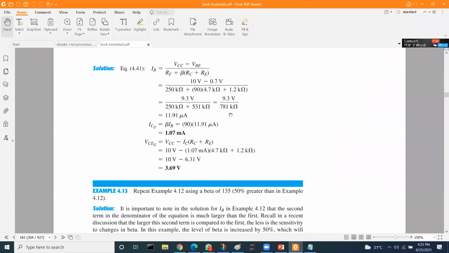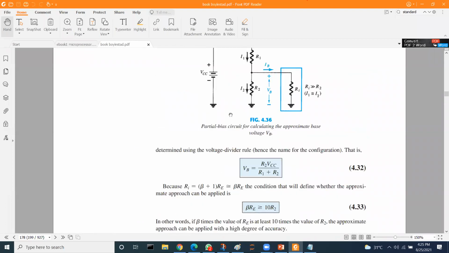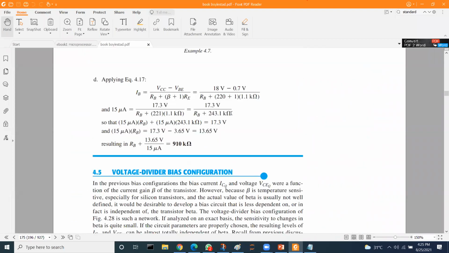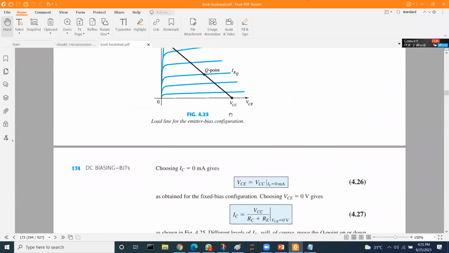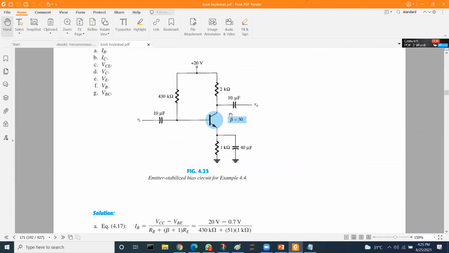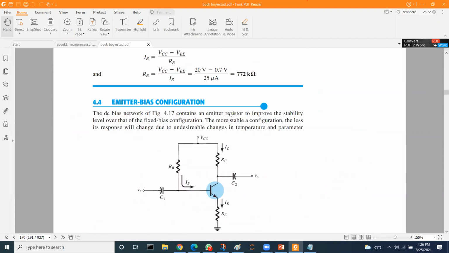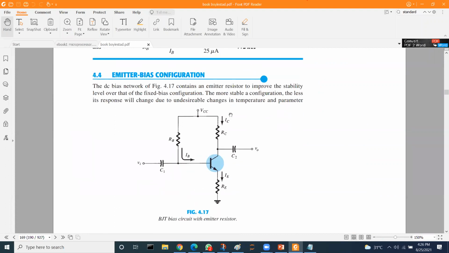So we are moving towards example 4. Last time 4.1 and 4.2 were completed. Okay, so we start from here.